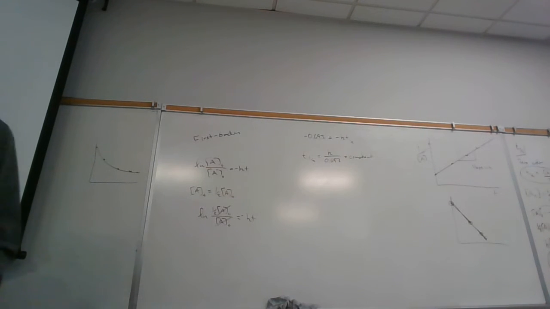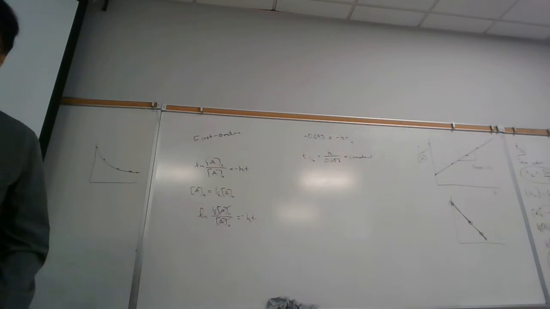So, in thinking in terms of half-life, what's the half-life of uranium-238? You know what the half-life is? It's long, about 4.5 billion years or so. So it'd take 4.5 billion years for half of it to decay. Well, how long would it take for 90% of it to decay?